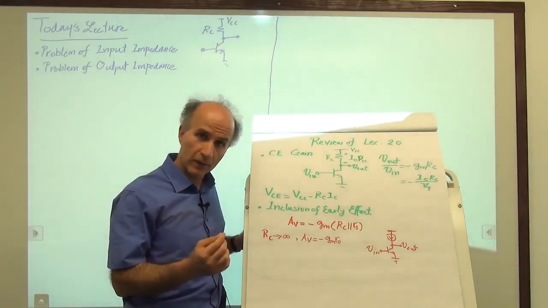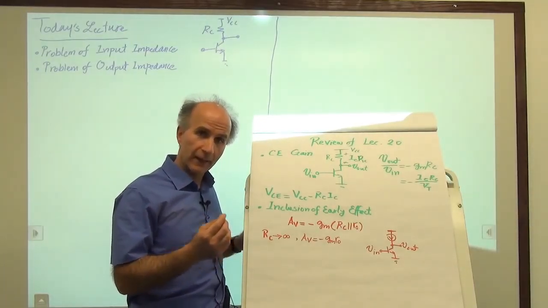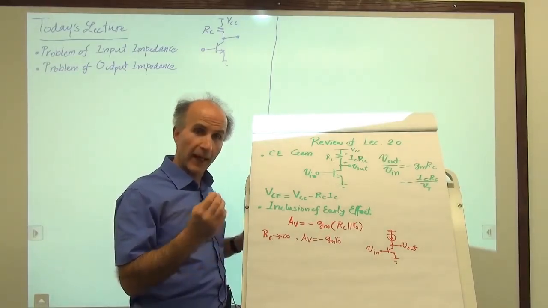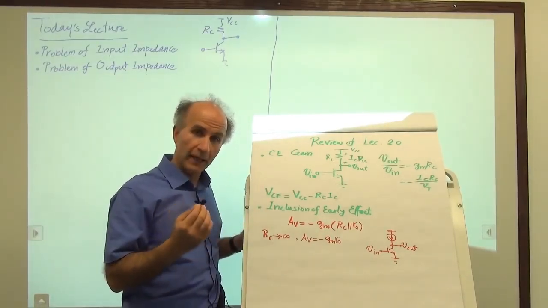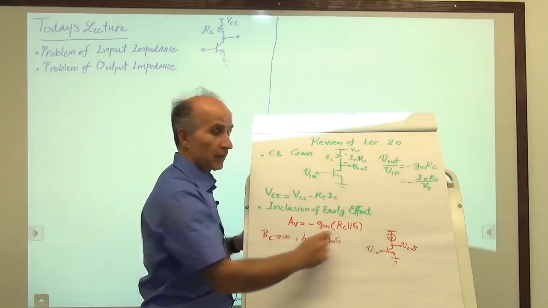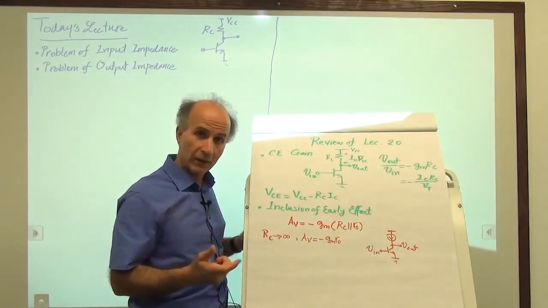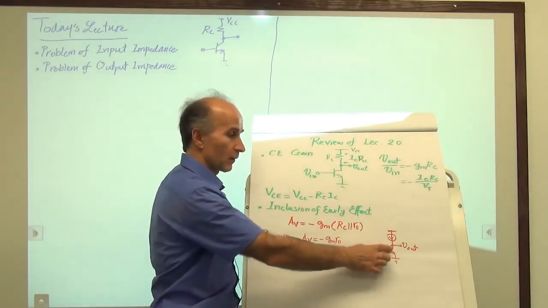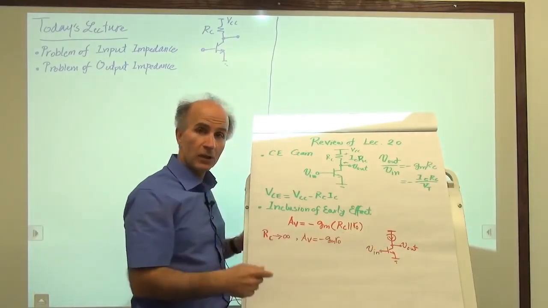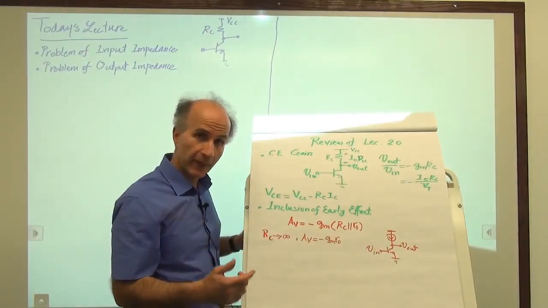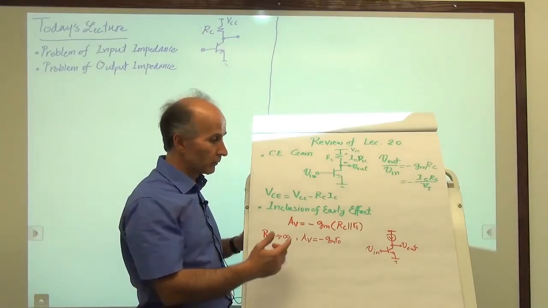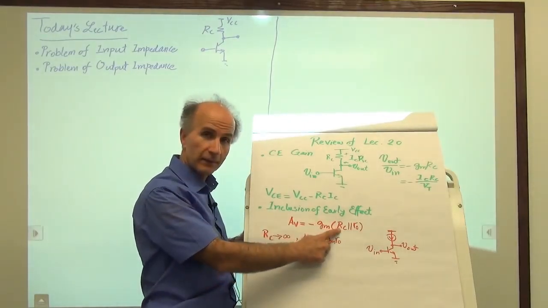An ideal current source is a device that delivers a constant current, which means when we consider signal changes, it has no change, it becomes an open circuit. An open circuit would be equivalent to an infinite RC here.